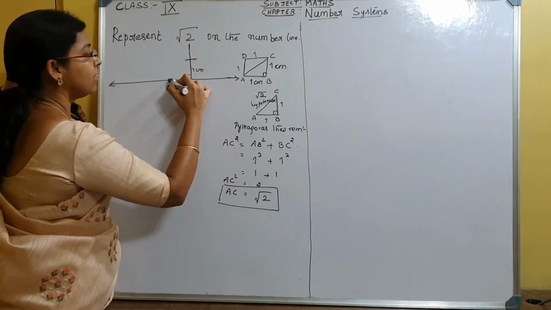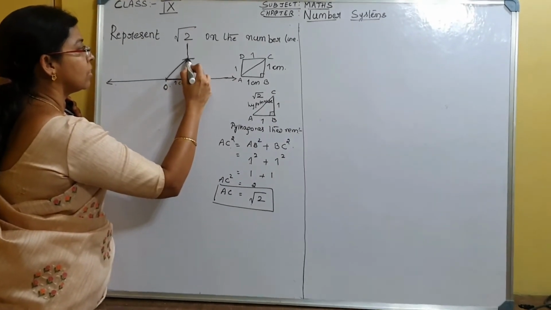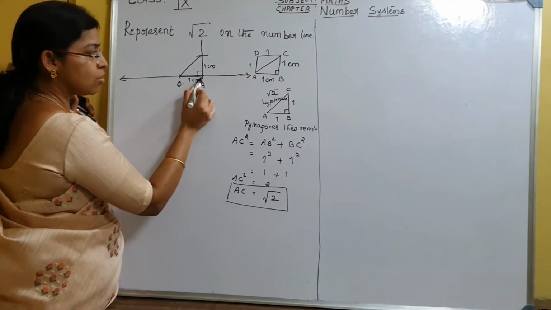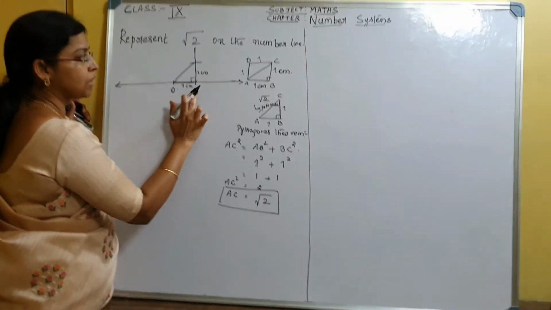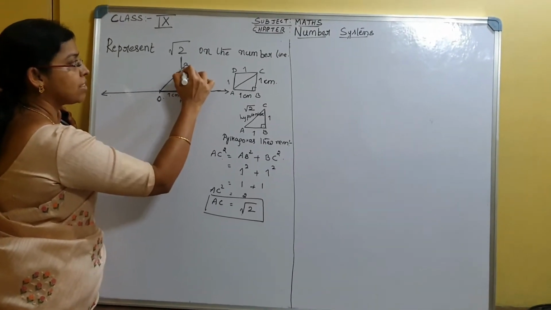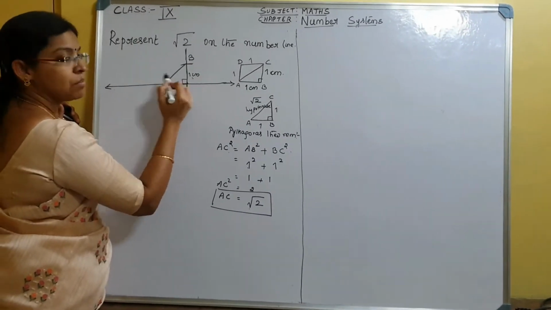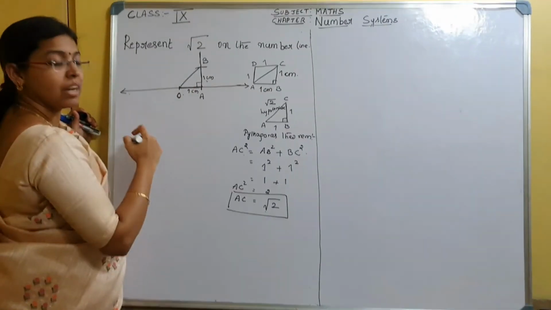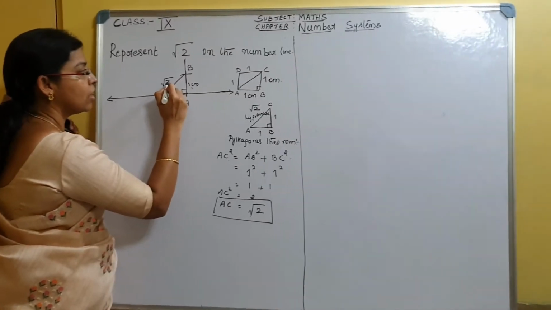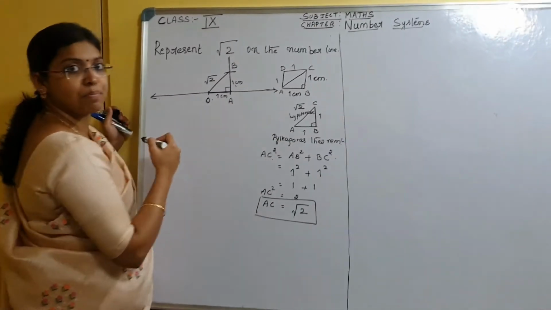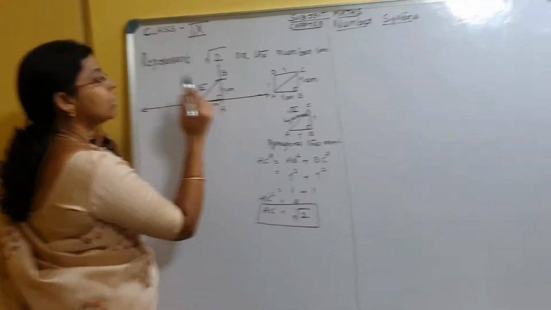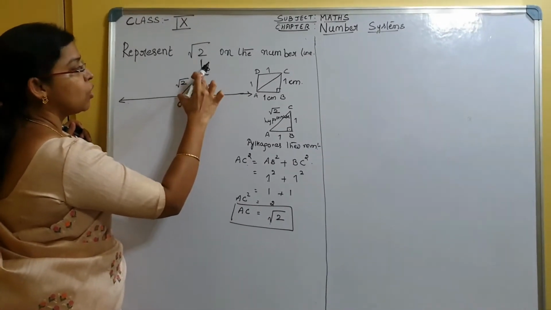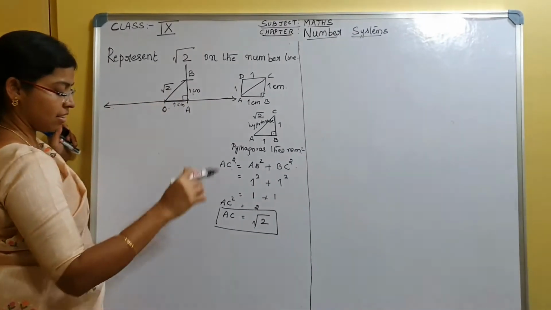So join this line. When OA is 1 centimeter, we will mark this point as B. AB is 1 centimeter. What about OB? It must be root 2, right? As per Pythagoras theorem.